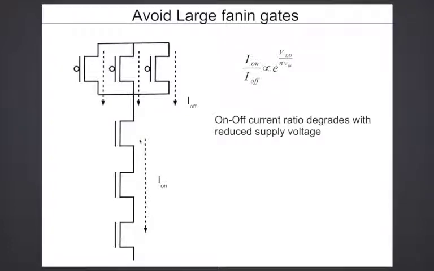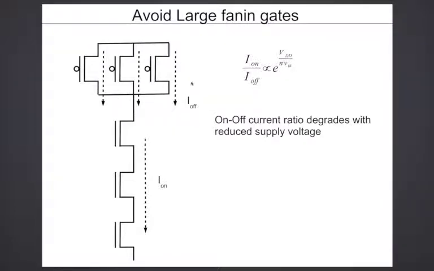So let us say you take this 3 input NAND gate. You have an on current for the pull down, but the pull ups are supposed to be off, because let's say all 3 inputs are high. All the pull up off currents add in parallel, and then you have one single on current which is down.